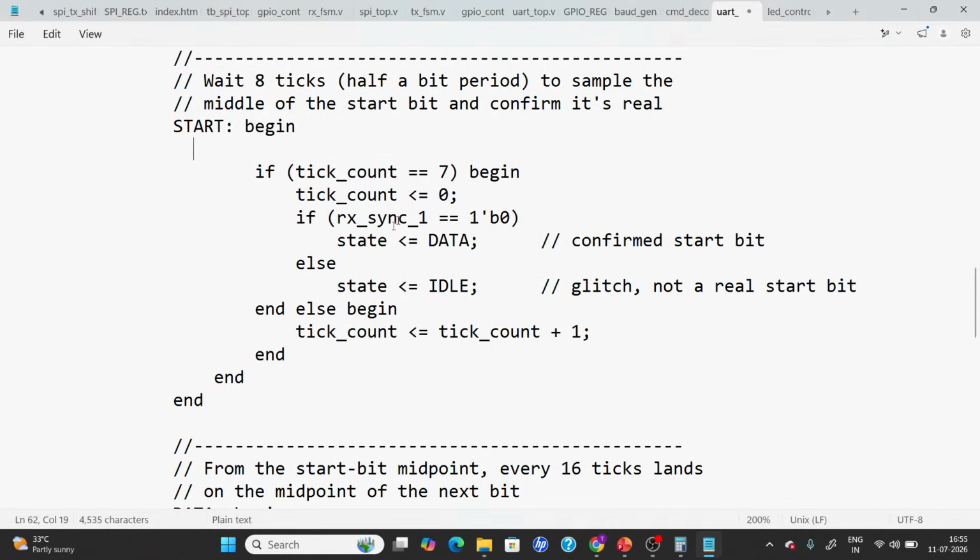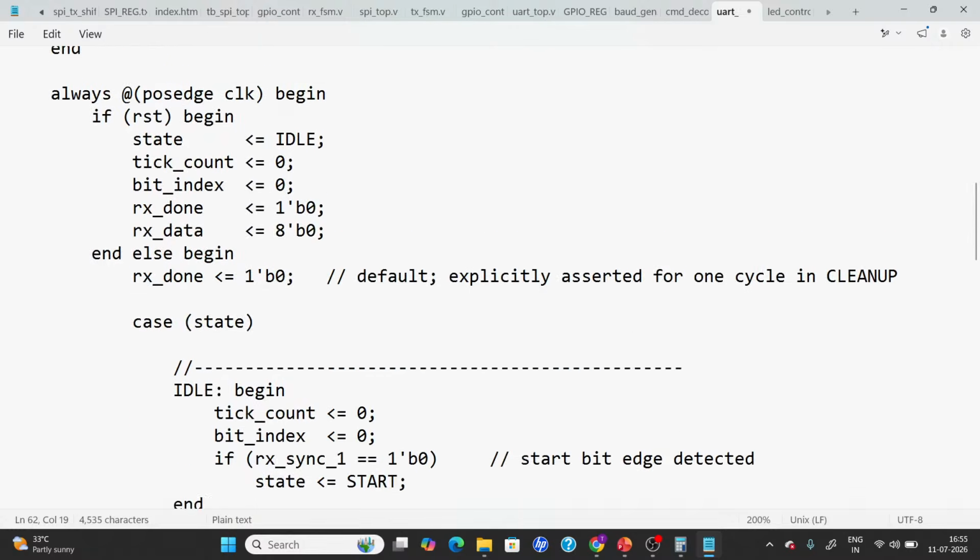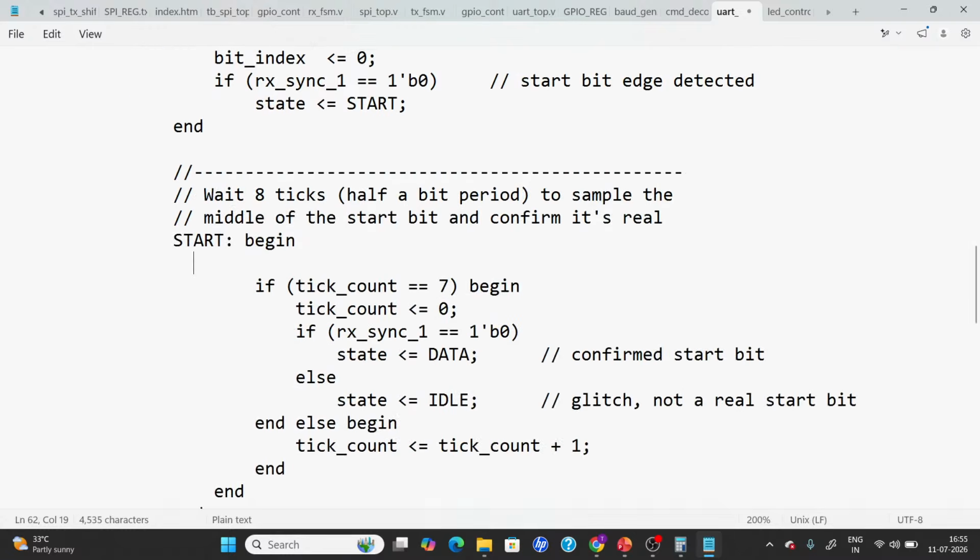And I have written this logic with respect to the clock itself. The next state logic I have written with respect to my clock itself, and I'm checking my tick_count. If it is equal to 7, let me remove everything and let us try to understand what is happening over here.